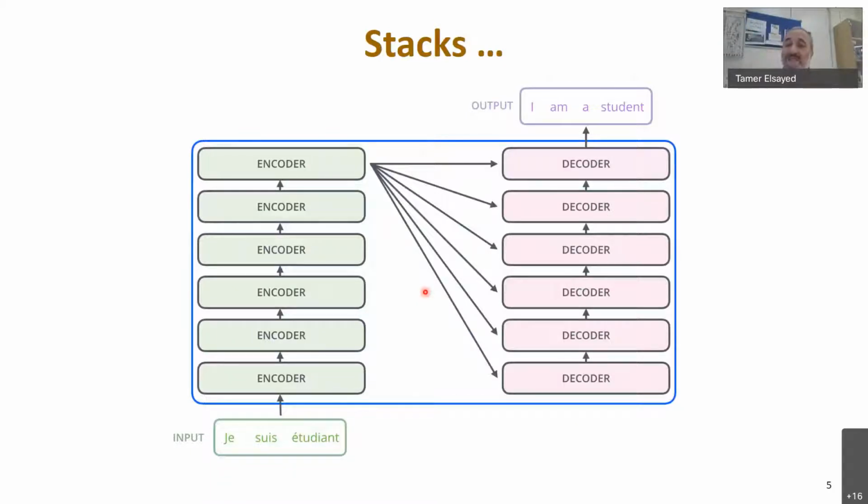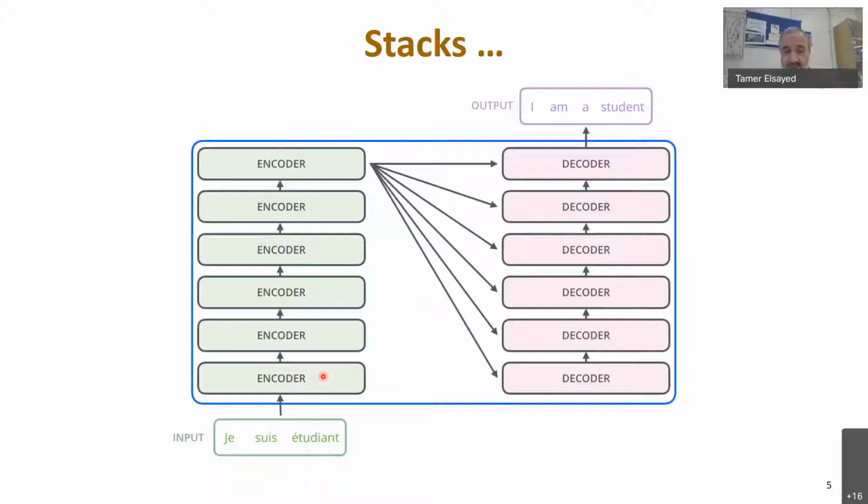No, they are all the same exact architecture, but of course they don't share the weights. Each one has its own weights, okay? But it's the same architecture, the same structure, okay? But of course, each layer or each block will learn something different, will have different embeddings, as we will see, okay? The link between the encoder and decoder is at the output of the last one.